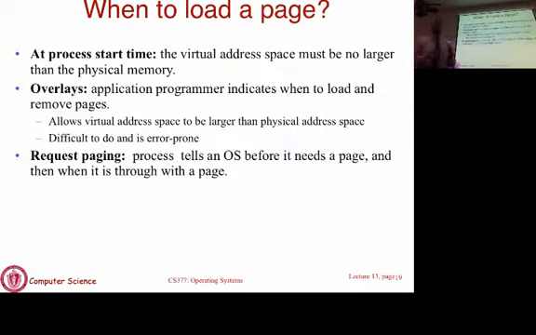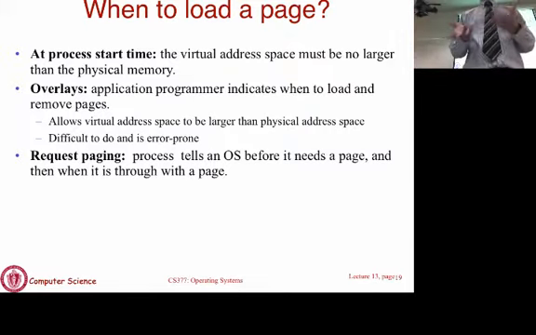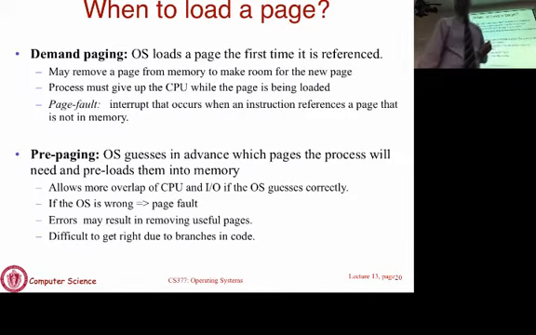Okay, so there are many different ways to optimize performance. You can predict and prefetch, or you can simply say, I'm going to do it on demand, and that's the way it is. Every time you fault, you're going to slow down your performance. And so these are all mechanisms you can put in place that determine when you are loading a page from disk to memory. Okay, so I talked about demand paging and pre-paging already.